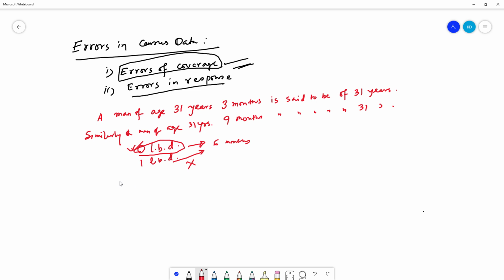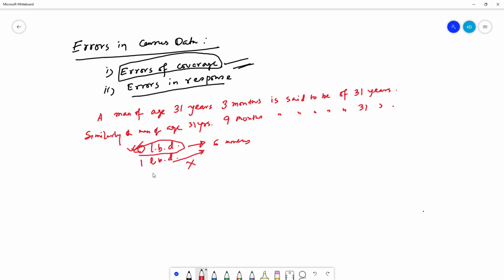Too low means, suppose 1 month, but we consider 1 LBD, that means more than 1 year. So this difference is too high. Next, people have a natural tendency to state their ages in round figures, that is ending in 0 and 5, multiples of 5, or even digits.